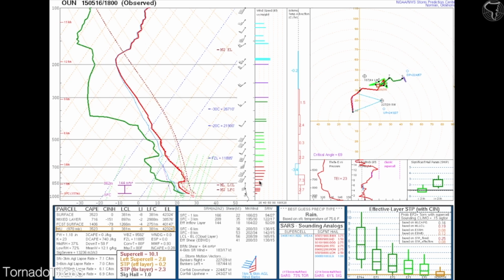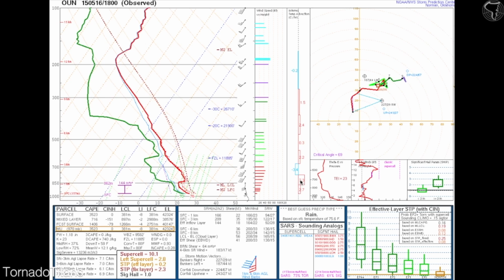What is the supercell composite, you might ask? Well, this parameter is designed to detect environments where right-moving cyclonic supercells are most possible. This is used to detect those environments where supercells are just most likely to be seen. The higher the value, the higher the chance of a supercell.